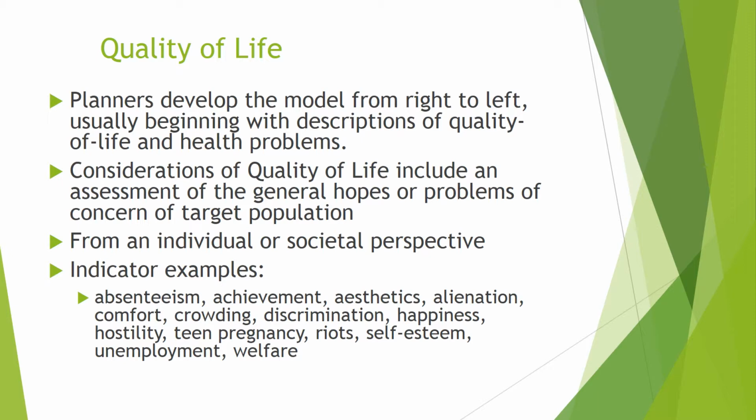Achievement is also something people aspire to in our society. People want to get higher education, a better job, make more money, and achieve in various ways. Aesthetics is what things look like, what's pretty. People want to live in a neighborhood, for example, that has positive visual aspects to it.